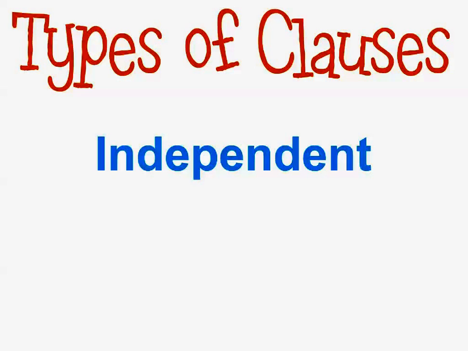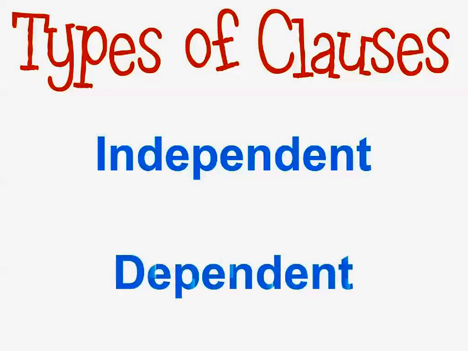This is because the clause contains a subject, a verb, and it completes a full thought, so it can stand by itself. The other type of clause is a dependent clause. A dependent clause does not complete a full thought, and it cannot stand by itself as a full sentence. Therefore, it needs to join with an independent clause in order to become a full sentence.